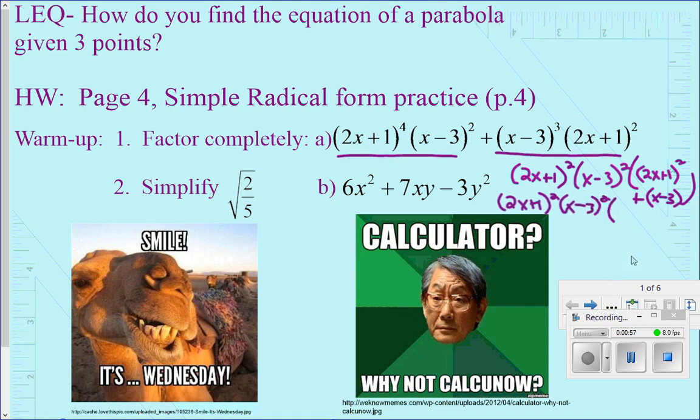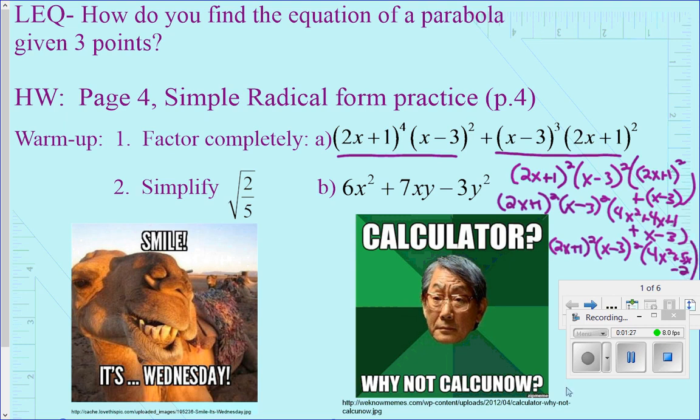When we square the binomial correctly, we get 4x squared plus 4x plus 1, and I'm adding on x minus 3 to that. And when I combine like terms, 4x squared plus 5x minus 2.